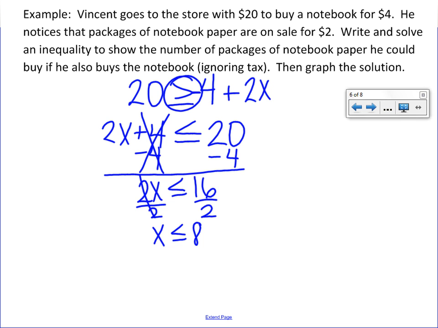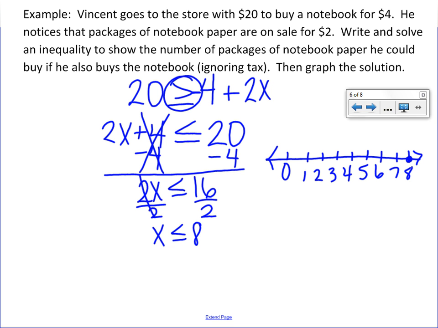Okay, so I'm going to graph it. So I'm going to put my 8 over here. 7, 6. Whenever I graph this, I know that I can get 8, but it has to be 8 or less.